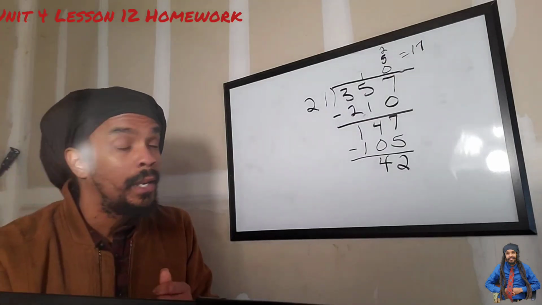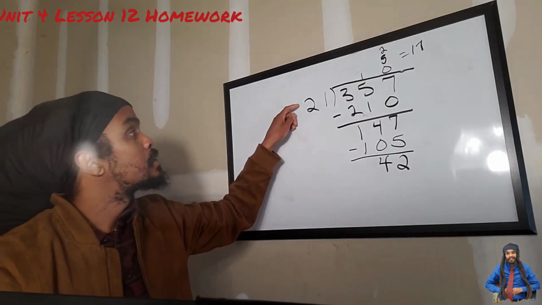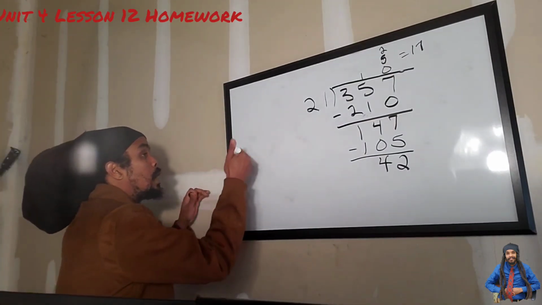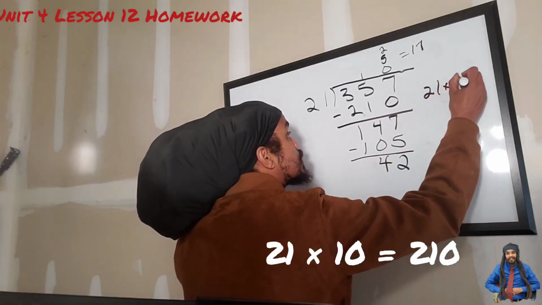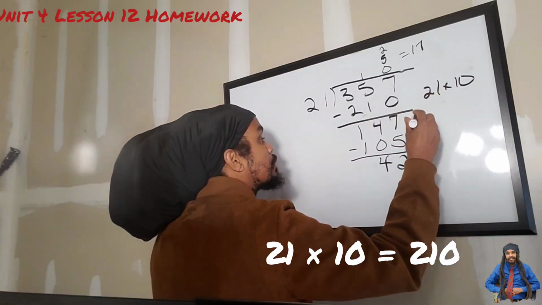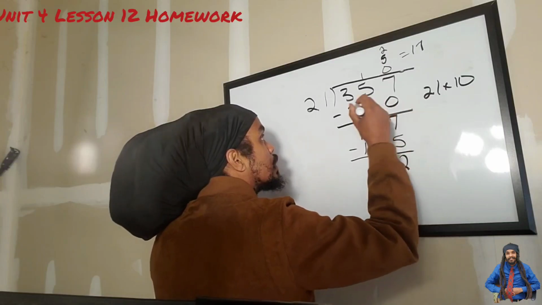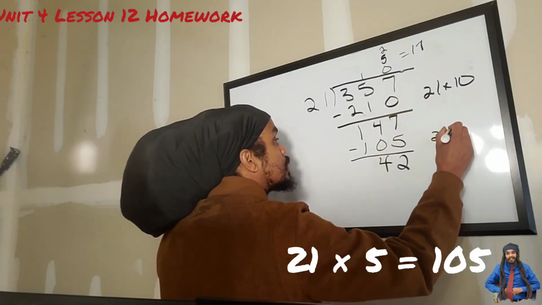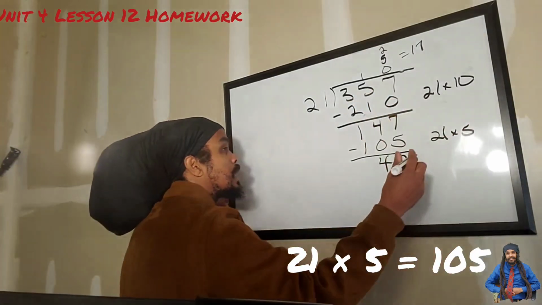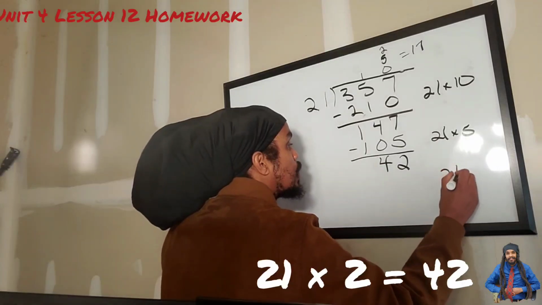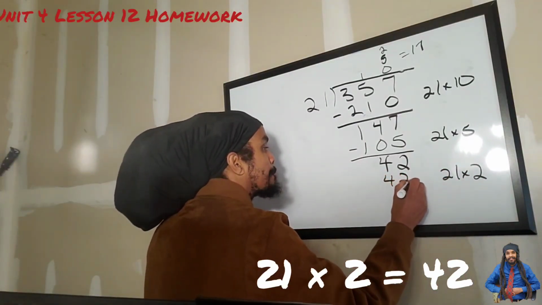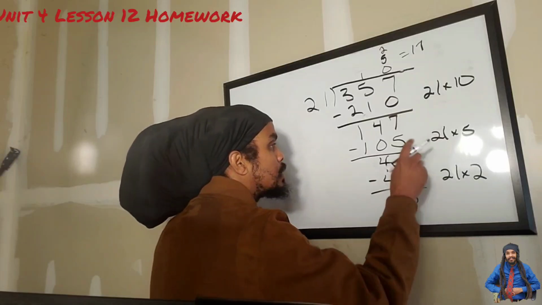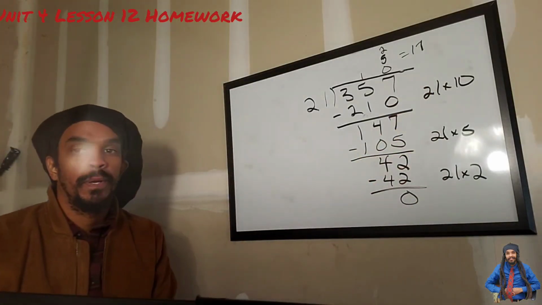And we know that because at first we know 21 times 10 equals that. Oops, 21 times 5 equals that. And then 21 times 2 equals that. I should have done that part on the first problem.